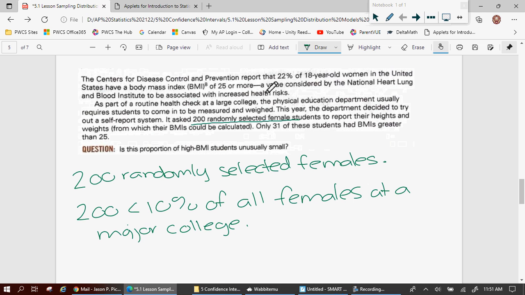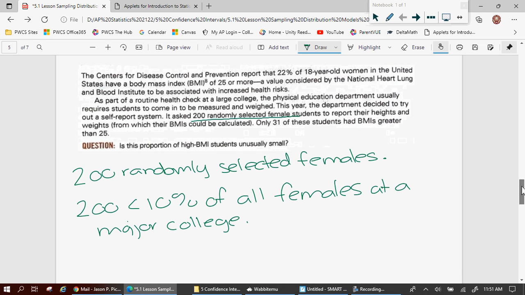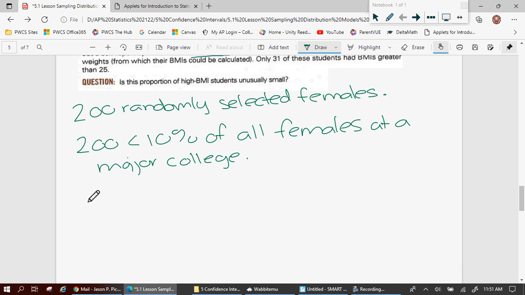So we have this p of 22%. So we're going to have a normal model where that's our population proportion. This is our standard deviation. So p is 0.22.